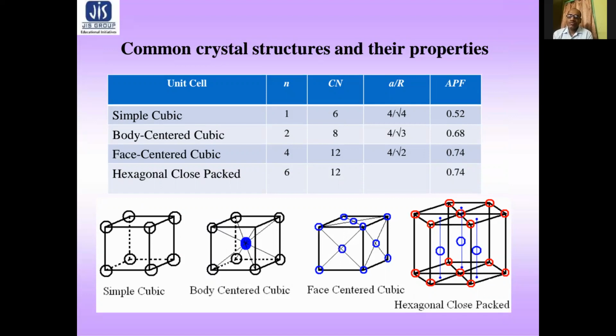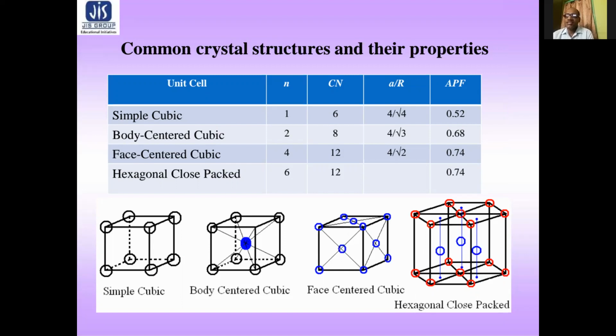So in a unit cell, the total number of atoms is 1 by 8 into 8 corners. That is called the average number of atoms per unit cell, denoted as small n.